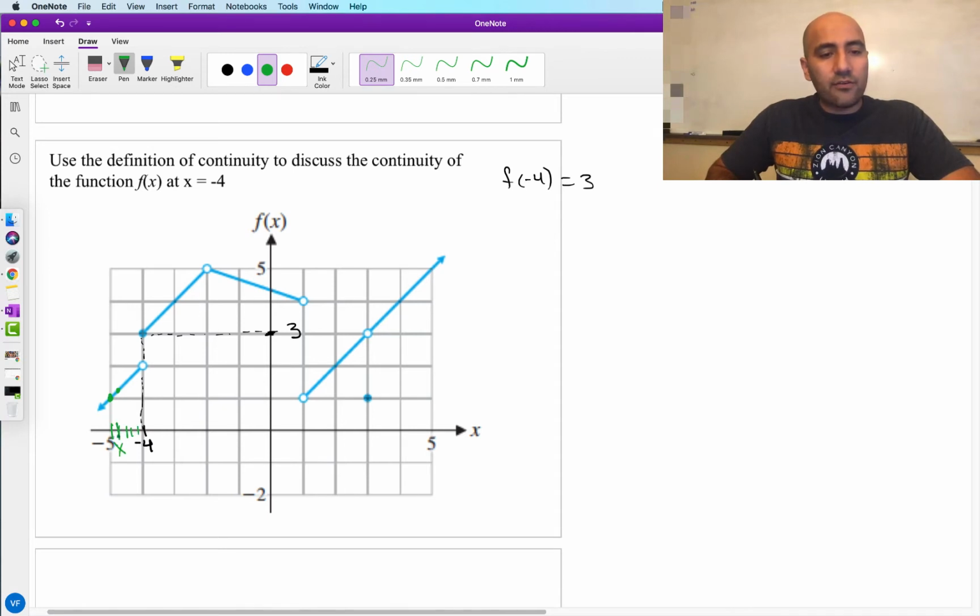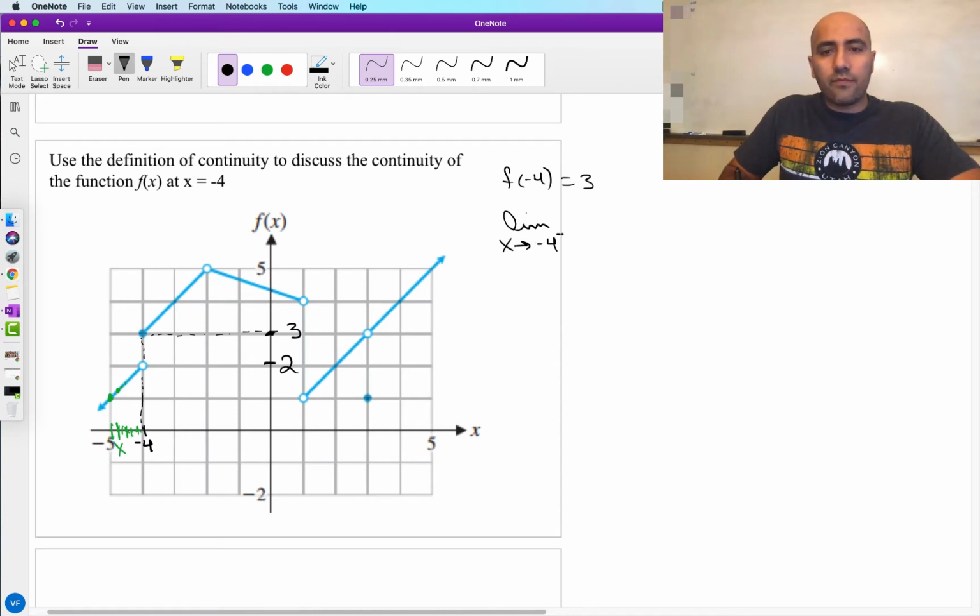So as x values are chosen from the left side of -4, and they get closer and closer to -4, but always from the left-hand side, it looks like the output values are slowly but surely climbing toward this value, and that value is +2, it looks like. Okay, so we can conclude that the limit as x approaches -4 from the left-hand side of f of x is equal to +2.